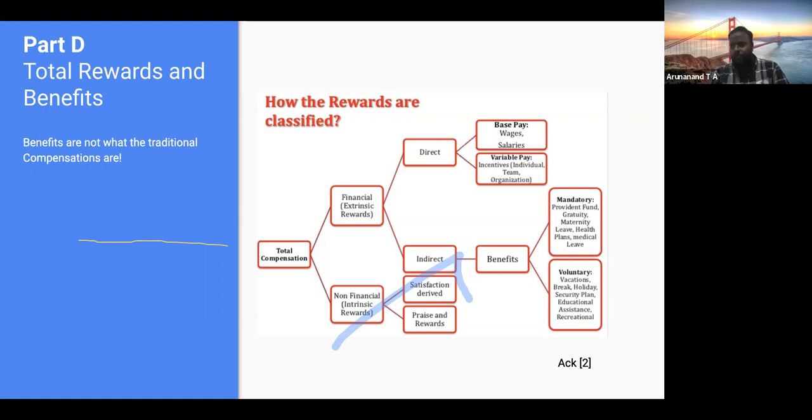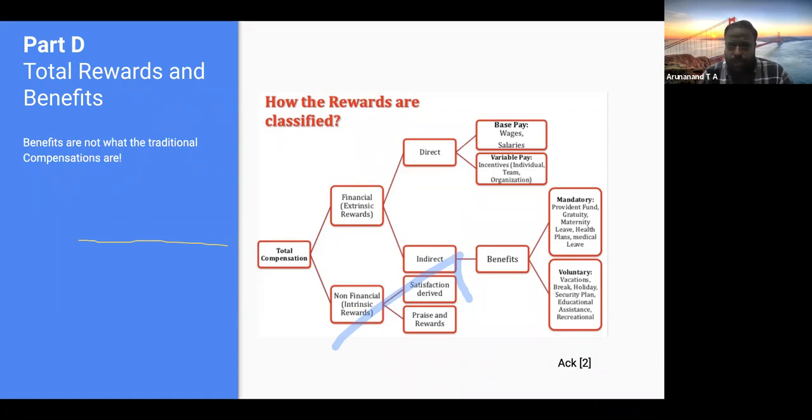So that's variable pay, commissions, etc. And indirect ones are the benefits such as provident fund, gratuity, etc., which are mandatory. And there are some voluntary ones, which I said: the Flexi benefit plan, vacations, breaks, holidays, security planning, educational assistance, etc. So you can read about it later if you're interested.